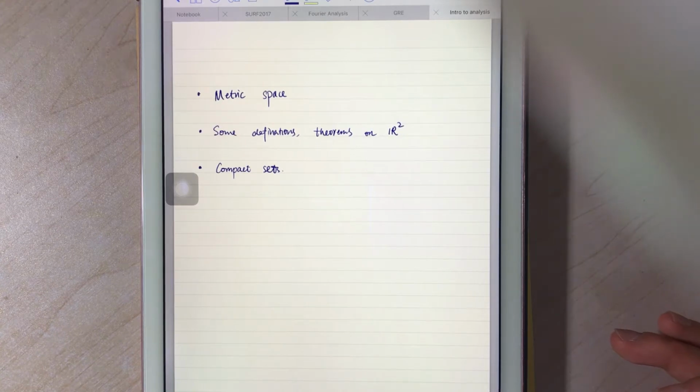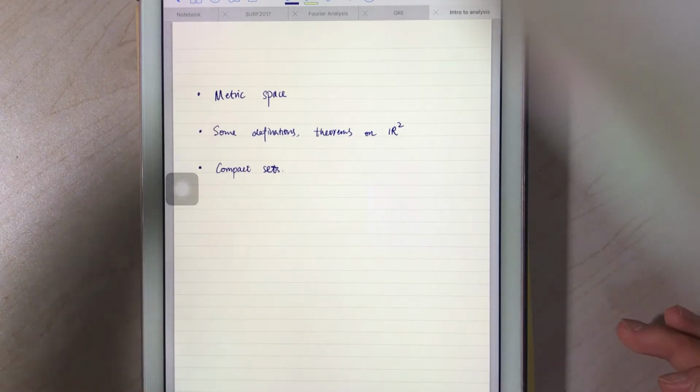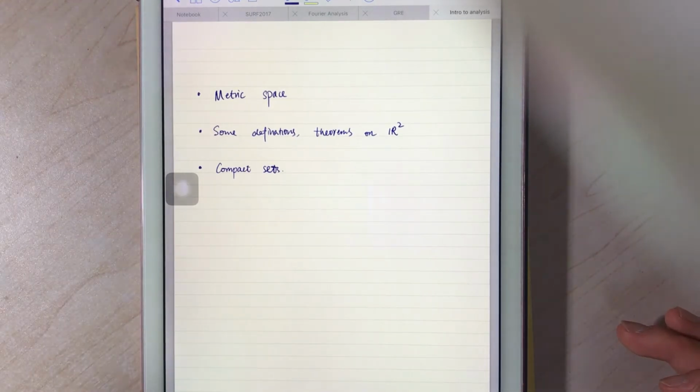At least we will expand all the definitions and theorems we've already learned to the two-dimensional case, because we've already dealt with the one-dimensional case, which is the real line, right? But we want to further talk about the two-dimensional case, which is actually the complex plane.